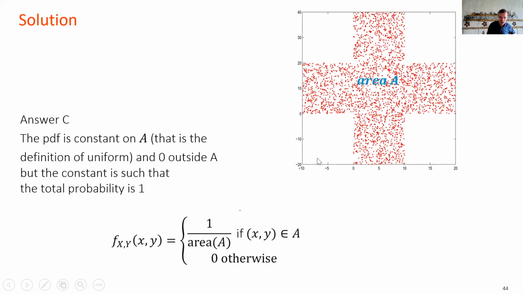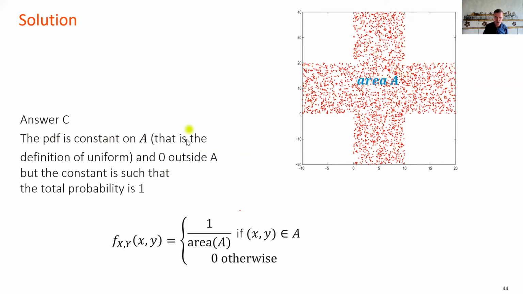Well, first, the definition of the uniform distribution means constant. So a random variable in a Euclidean space is uniform on some subspace A, at least for spaces that have a non-empty interior. That means that the PDF is a constant here.